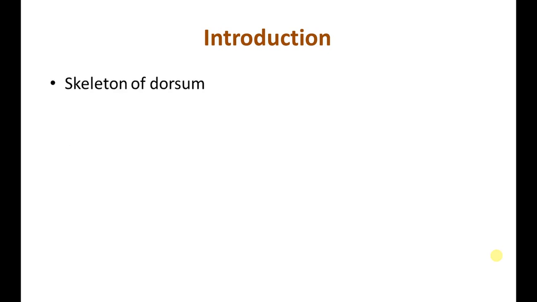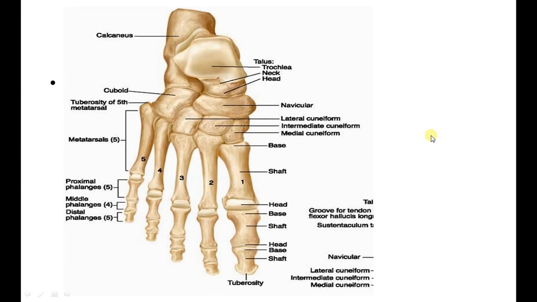Now we will quickly review the bones of the dorsum of foot. Here you are able to see the dorsum of foot, mainly the bones from the superior view. The tarsal bones you are able to see here. This is the talus bone.